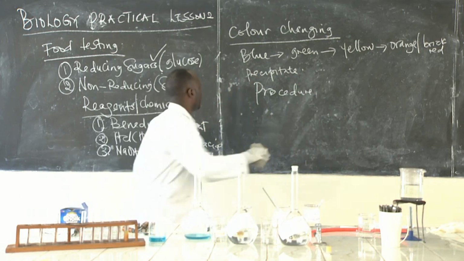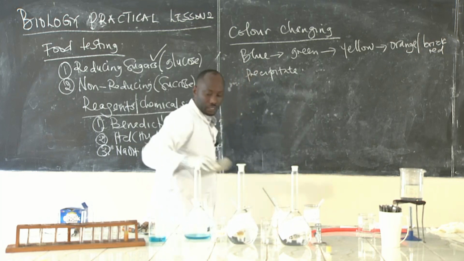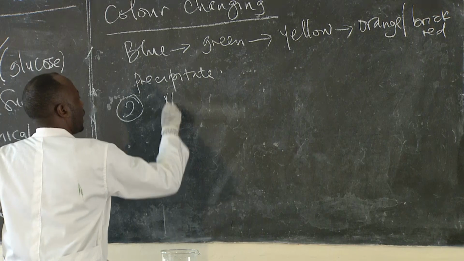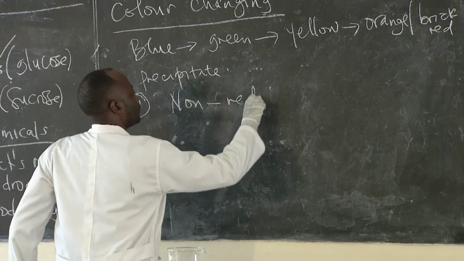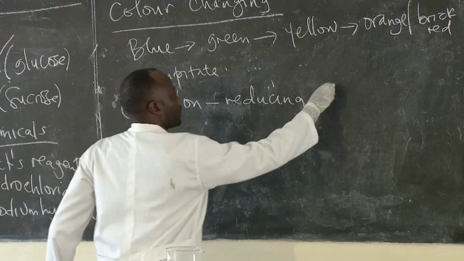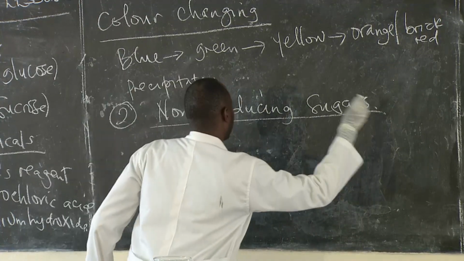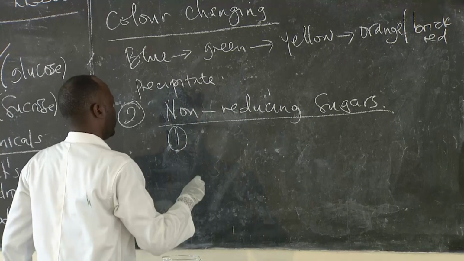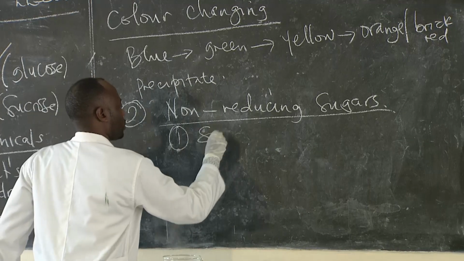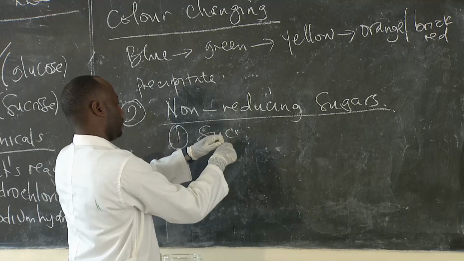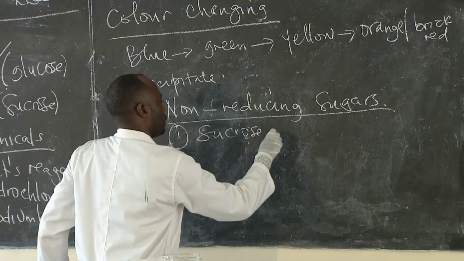We are now on number 2, which is non-reducing sugars. Let's talk about the procedures. Procedure number 1, you get a sucrose sample.